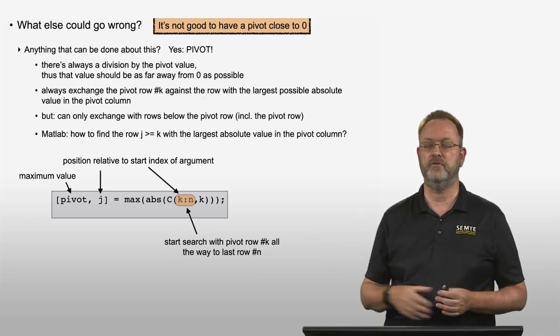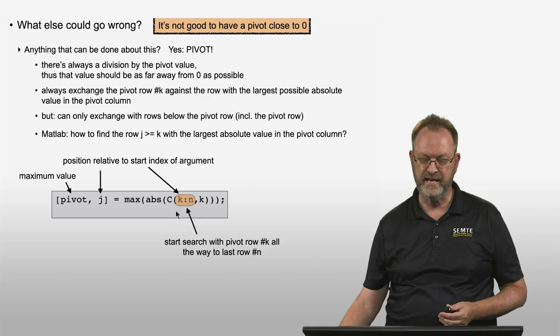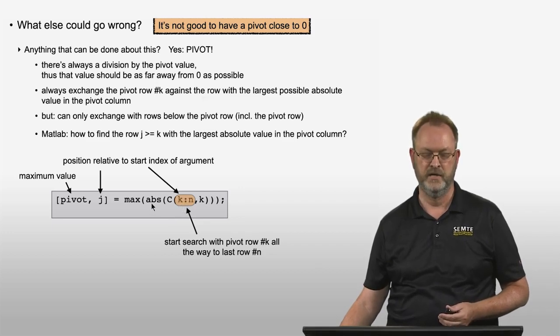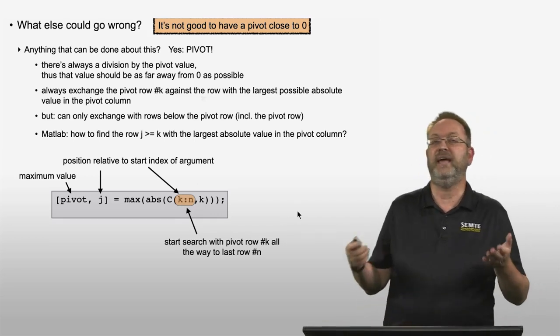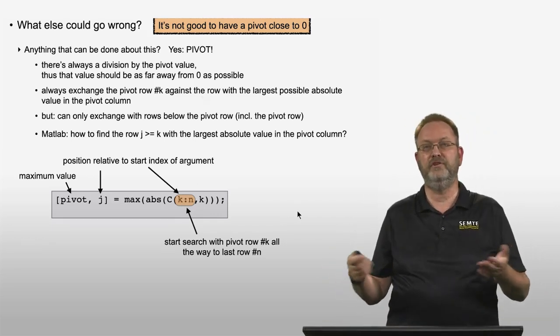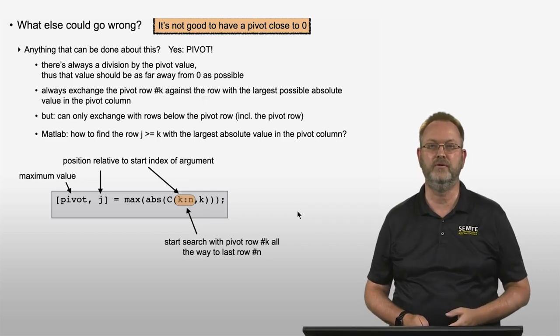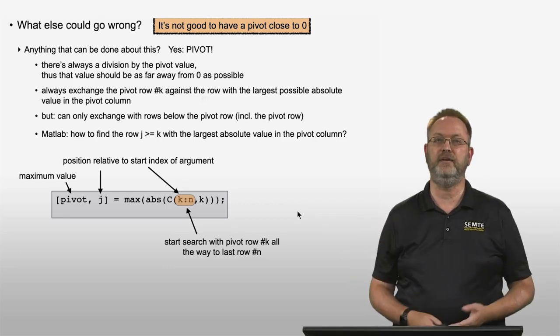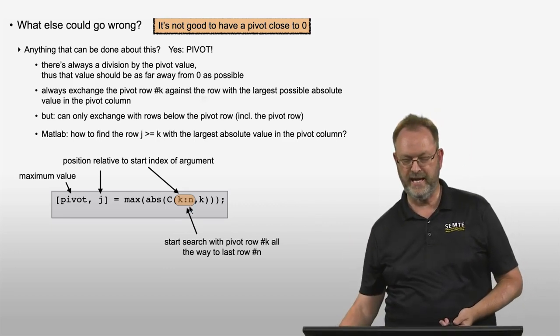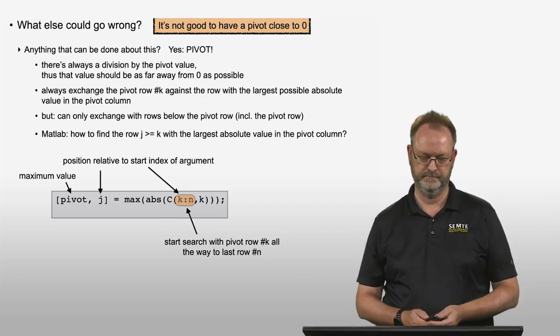And that position is relative to the start index of the input array into the max function. So this j value is relative to the start index k, which means that if the kth row value, the pivot row value, would be the largest value, then the returned value for j is 1, because C of k, row number k, is the first row that we pass into the max function.